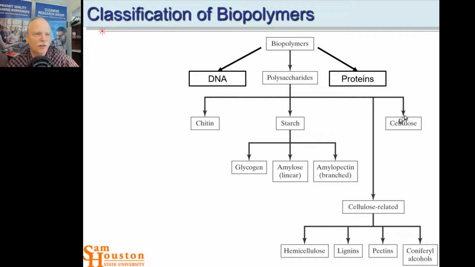Cellulose materials, which are fibrous materials related to wood, cotton fiber, and plant cell walls, etc. And then those cellulose-related materials that go along with these plant-based polymers, like hemicellulose, lignins, pectins, and alcohols. So we're going to focus on these polysaccharides for a little bit.